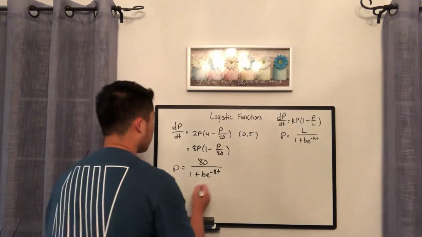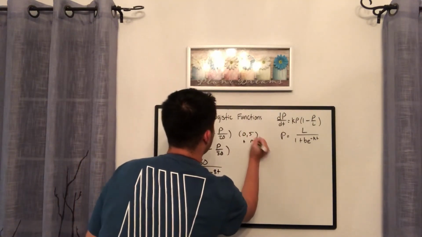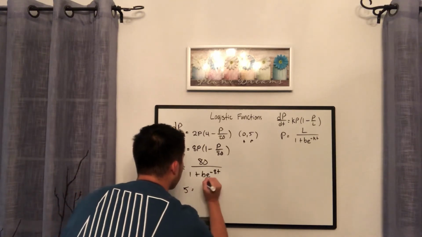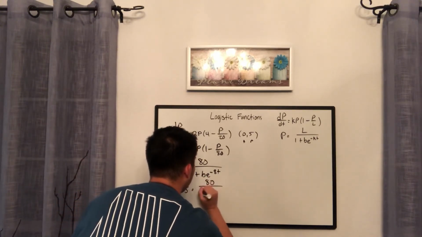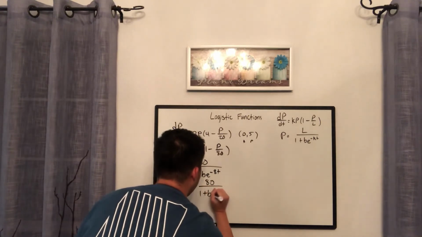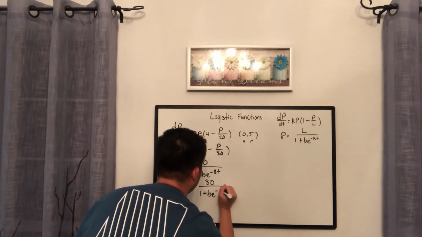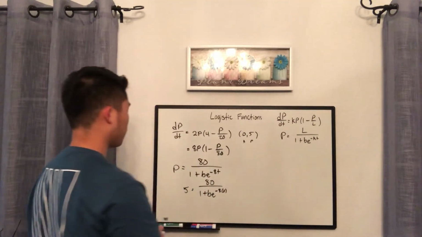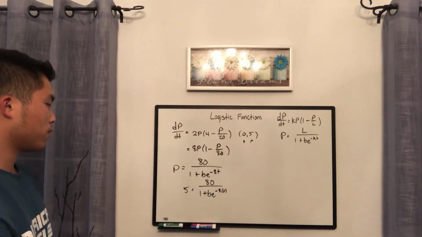This is t and this is P. So we have P is 5 equals 80 over 1 plus B e to the negative 8, and then t is 0. And then we're going to solve for B.